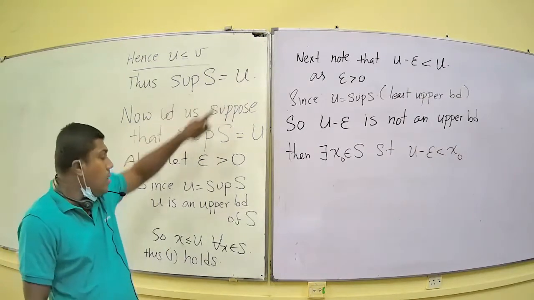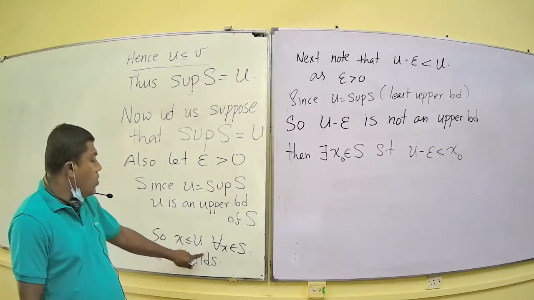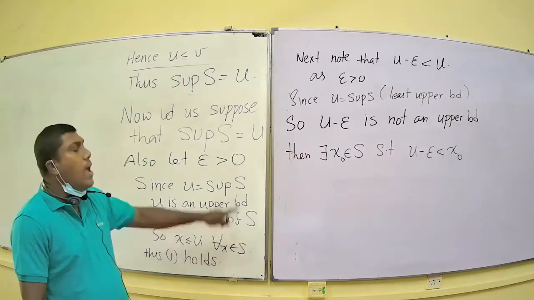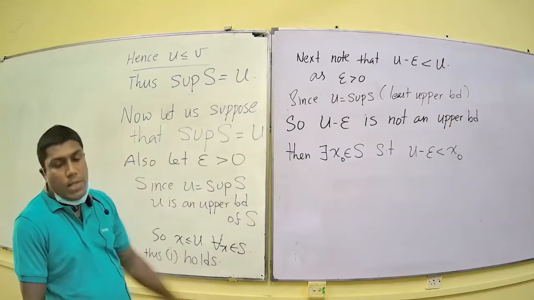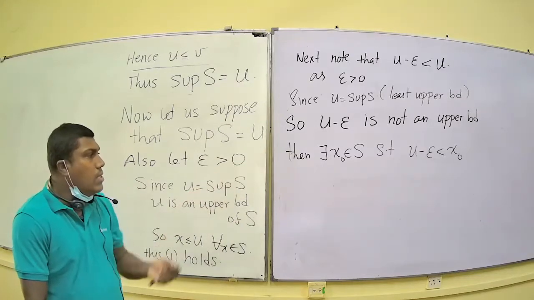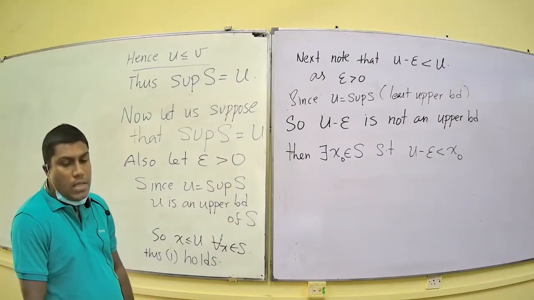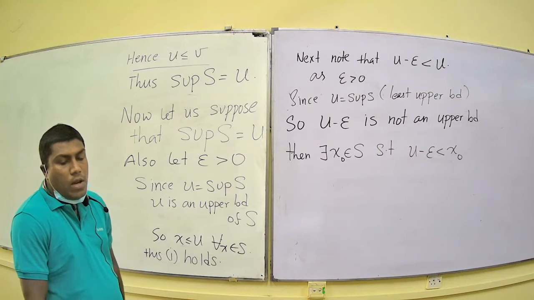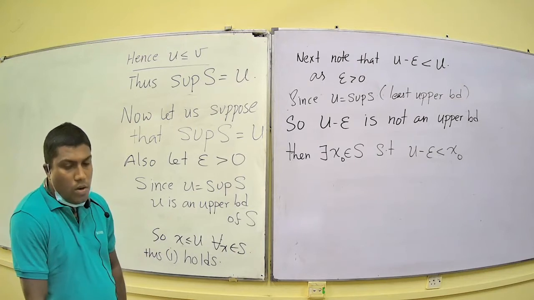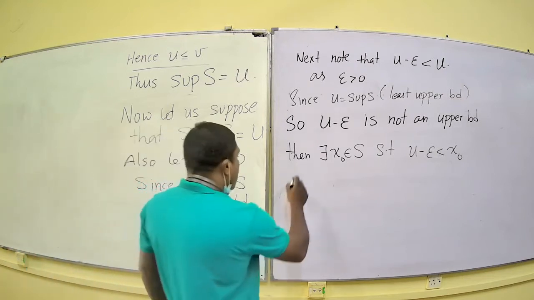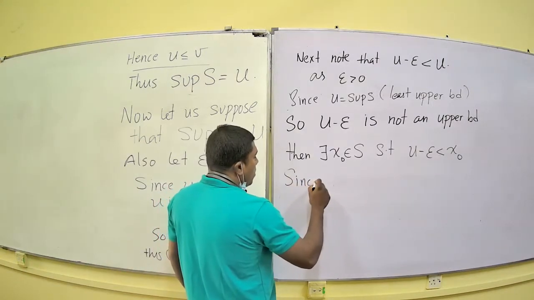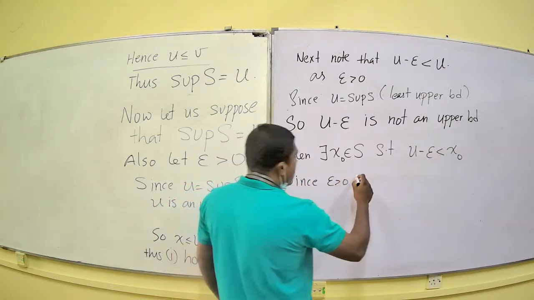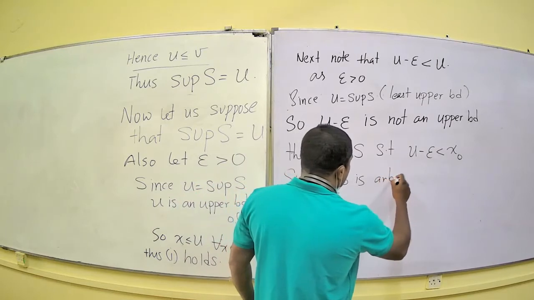So if u is the supremum, then x is less or equal to u for all x in S, and for every epsilon positive, there exists x naught belonging to S such that u minus epsilon is less than x naught. The last sentence holds since epsilon positive is arbitrary.